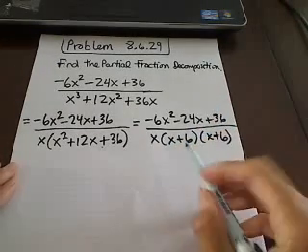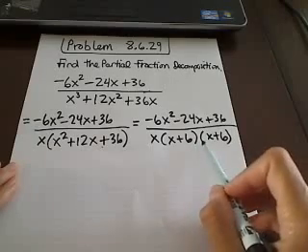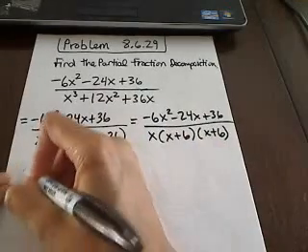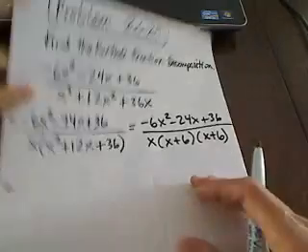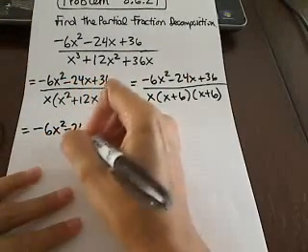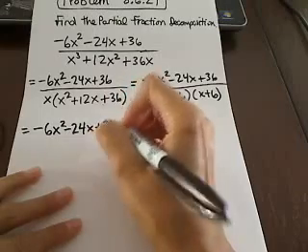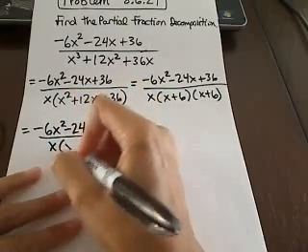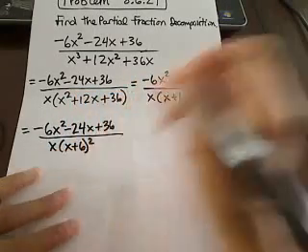Okay. All right, so this is actually a repeated factor right here, this x plus 6. So I'm going to rewrite that as x times x plus 6 quantity squared.